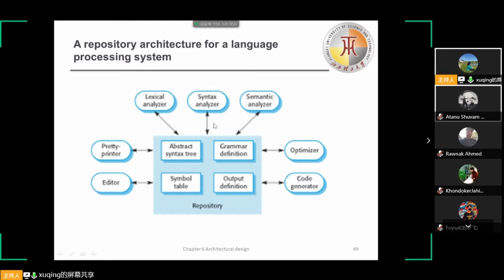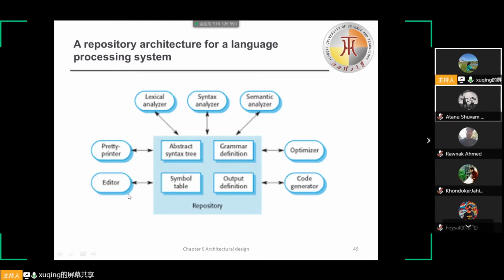Therefore, a syntax-directed editor can check that the syntax of a program is correct as it is being typed, and a printer can create listings of the program in a format that is easy to read.